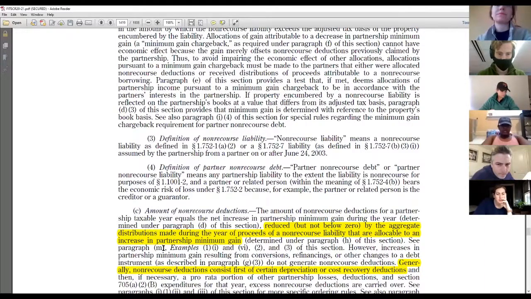Our minimum gain increases 500, but we get to back out the distributions of the non-recourse debt proceeds. Recognize that if the partnership had spent the money, kept it in the partnership, not on improving the property, let's say on salaries, then the non-recourse deductions would be 500, and effectively those salaries that we use the cash for would be non-recourse deductions. But since we distributed it, we don't have any non-recourse deductions for that portion.